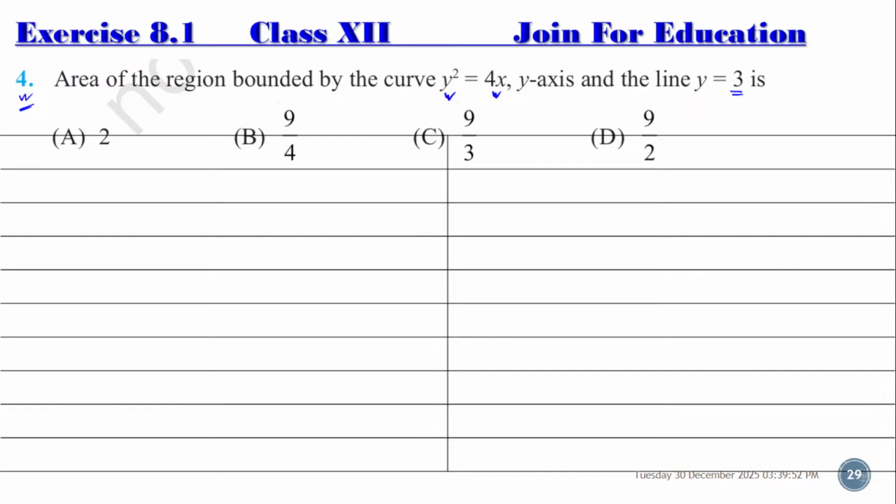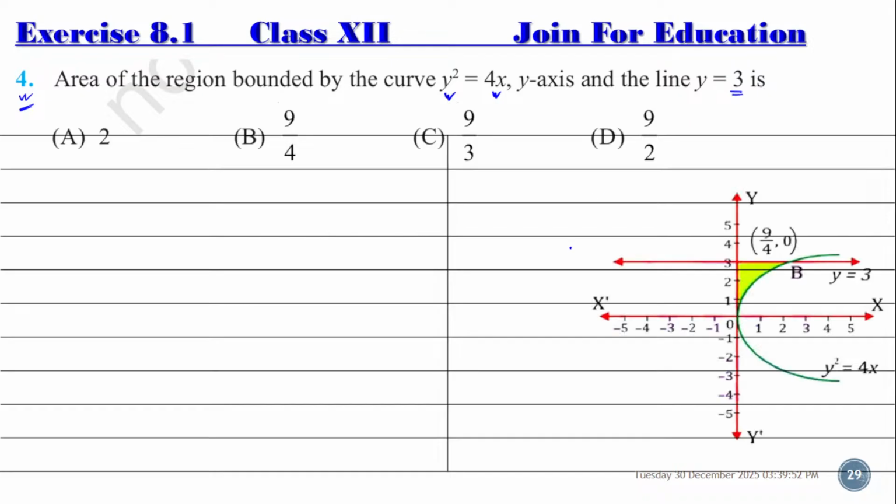Let's see the relevant figure which helps us to understand the question in an easy way. This is the equation of the parabola, the y-axis and the line y equals 3.